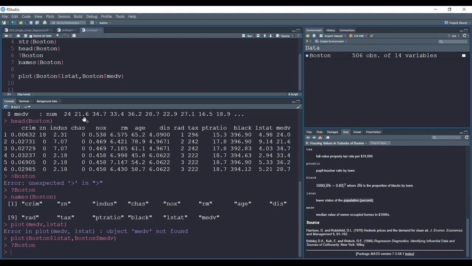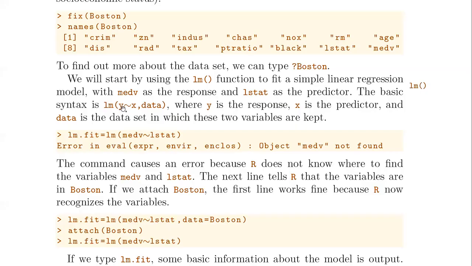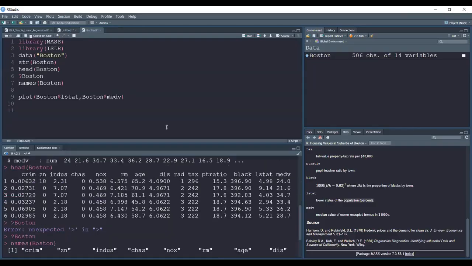The basic syntax is lm, y regressed on x, given the data set, where y is the response, x is the predictor, and data is the data set in which these two variables are kept. Now, this is a lot closer to a real life example compared to what we've been doing recently. In fact, I would imagine that this is actual data.